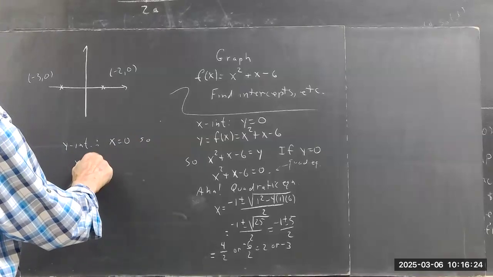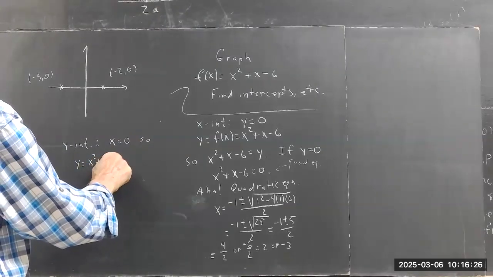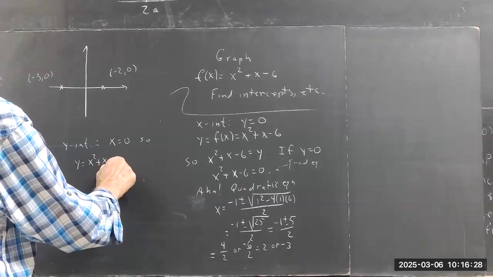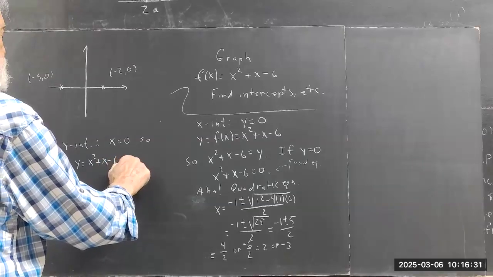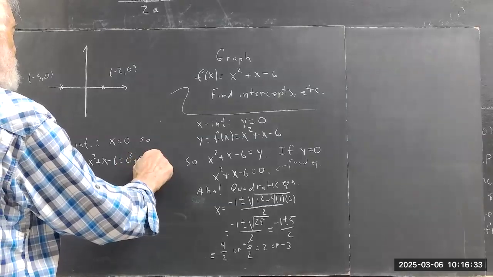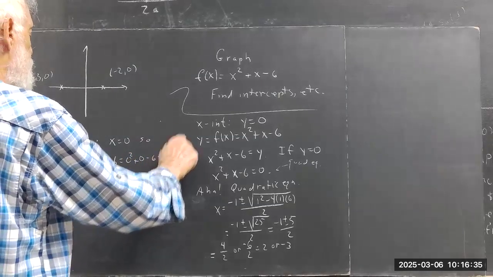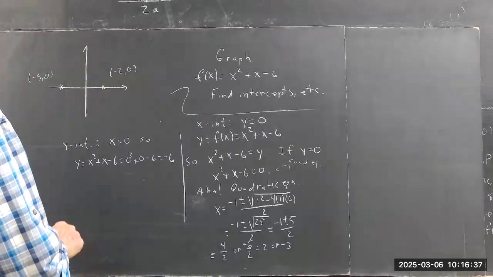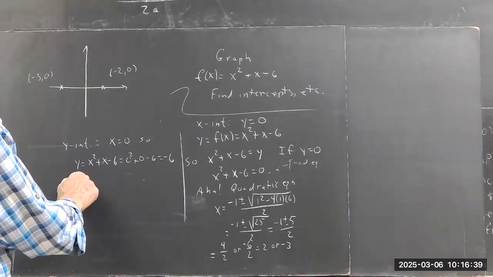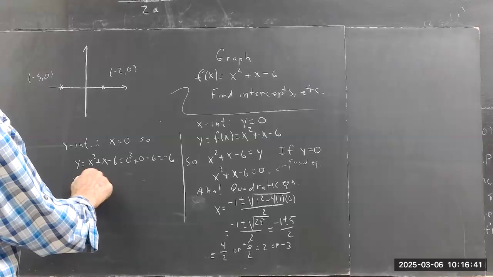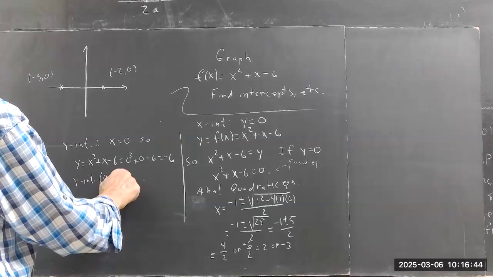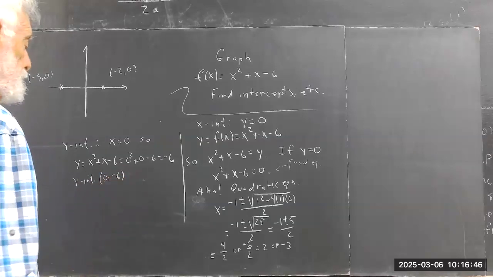So y equals x squared plus x minus 6, equals 0 squared plus 0 minus 6. And of course, that comes out -6. So the y-intercept is 0, -6.